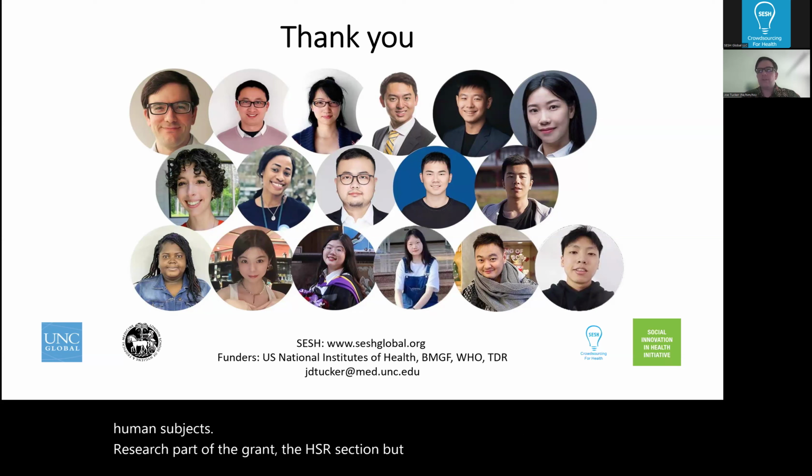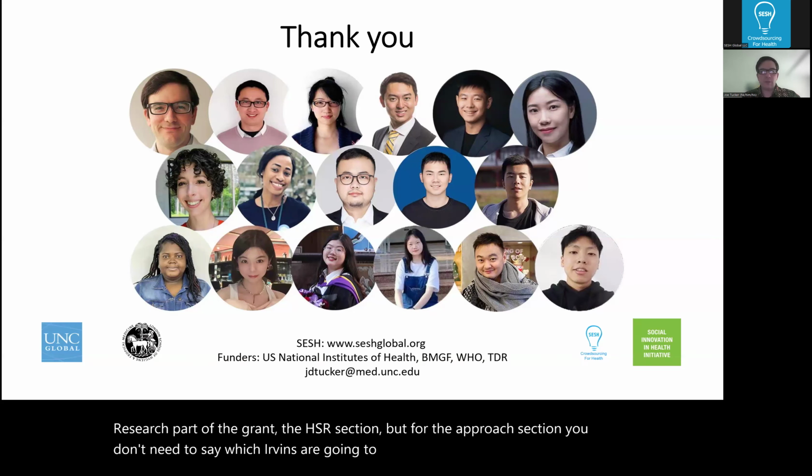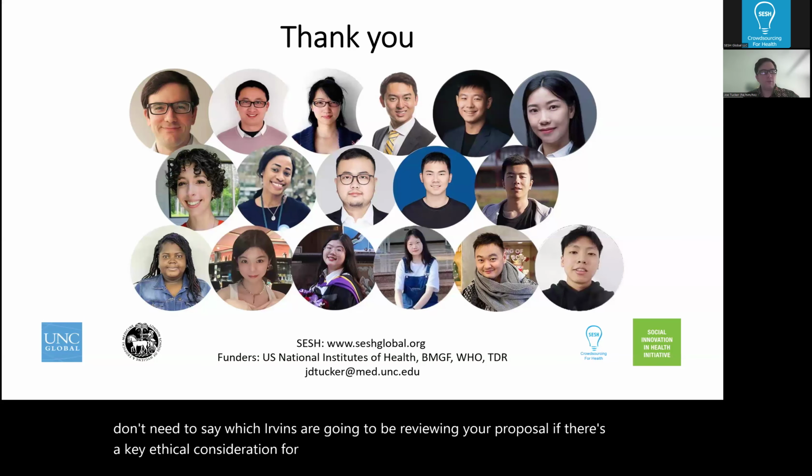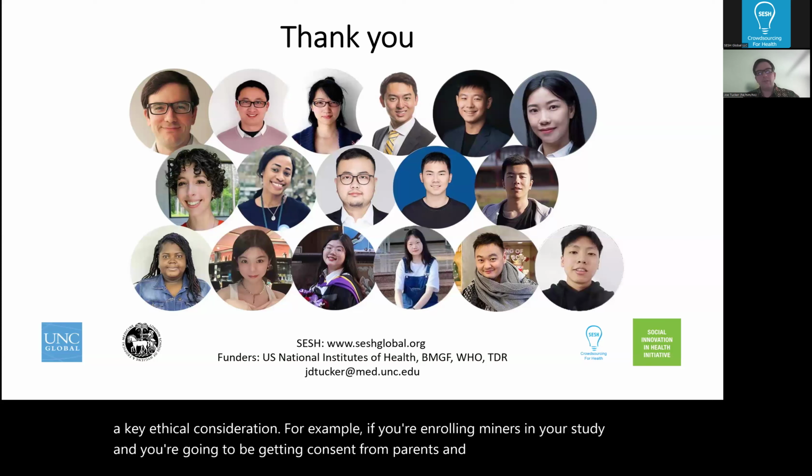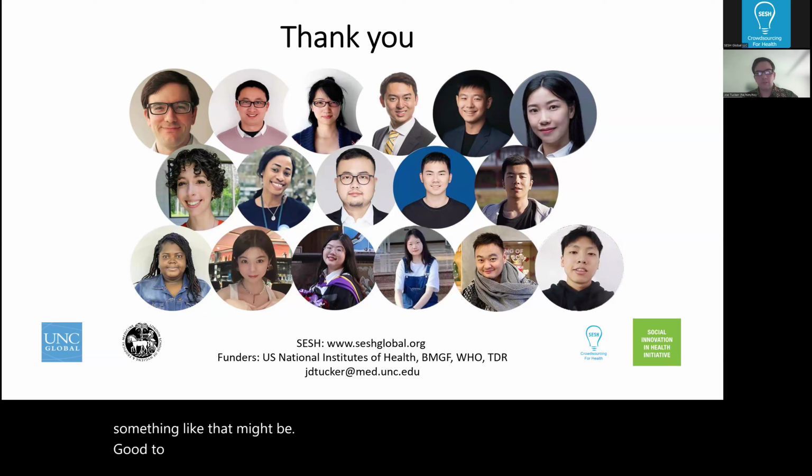If there's a key ethical consideration, for example, if you're enrolling minors in your study and you're going to be getting consent from parents and then minor assent, something like that might be good to explicitly describe, and then cross-reference the human subjects research section. But there's no need to say which IRBs would approve a study.